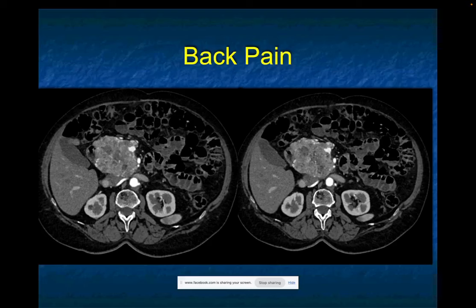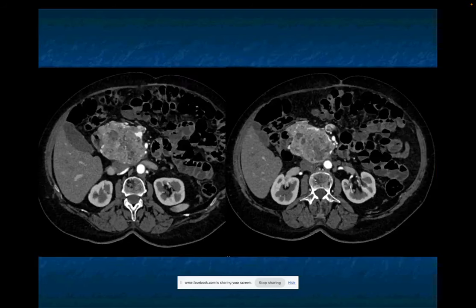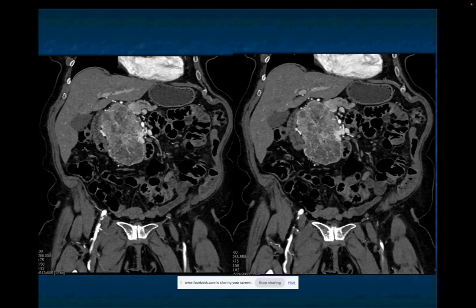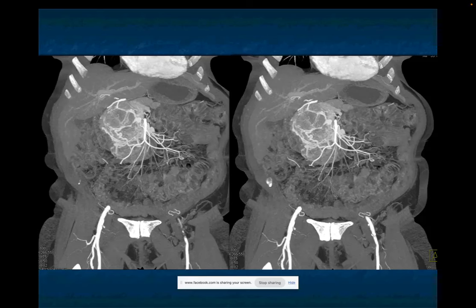Back pain. Vascular lesion, head of pancreas. You can see as you go through the multiple images, the vessels are draped over the lesion. It looks kind of cystic, looks kind of scar-like. There's no dilated common duct, there's no dilated pancreatic duct. The vessels are stretched, and maybe a better word is draped over the lesion.